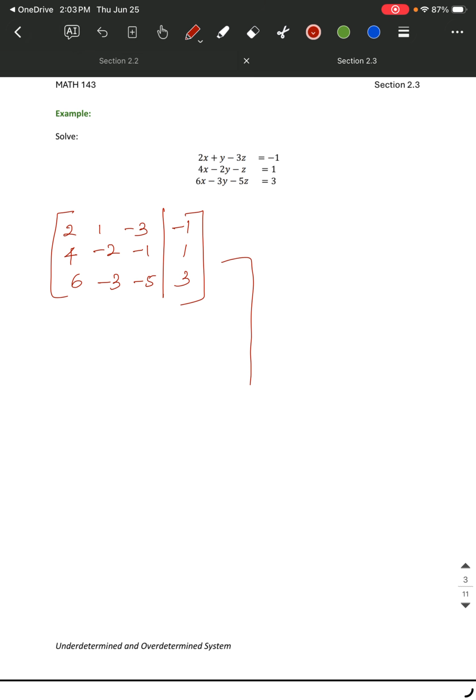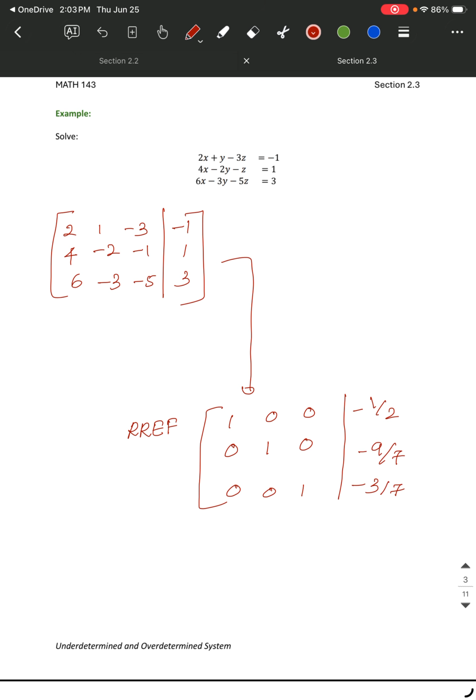And afterward, you will get the RREF: 1, 0, 0, negative 1/2; 0, 1, 0, negative 9/7; 0, 0, 1, negative 3/7. Check your solution with this.